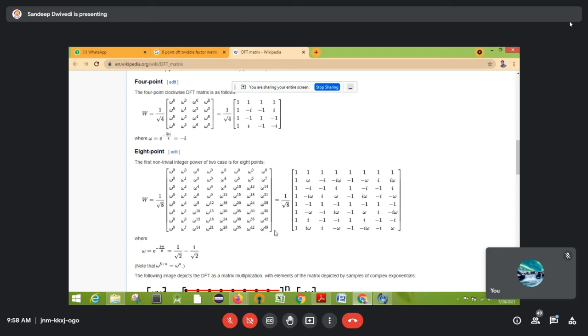This matrix is 8 by 8, and you can do all this calculation. So here they have taken W over here along with the 8, that's why they are writing this 8.